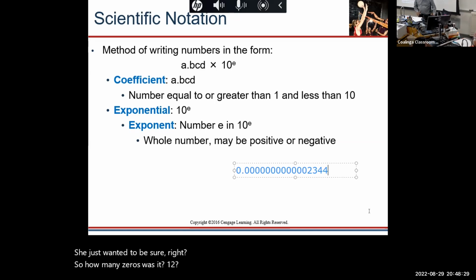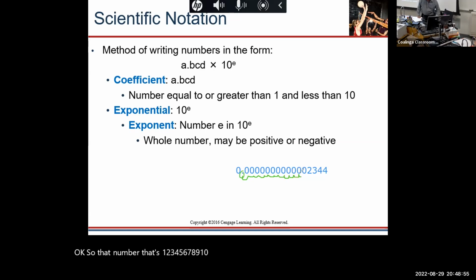Okay, so then if we're writing this, that number, is it in notation or not? 4, 5, 7, 8, 9, 10, 11, 12.